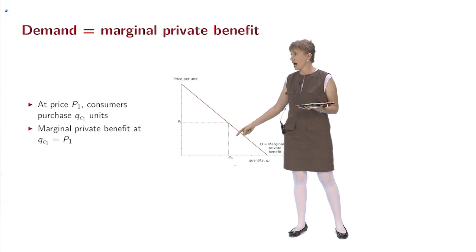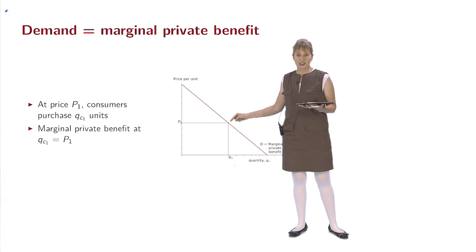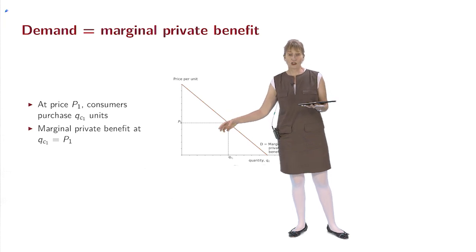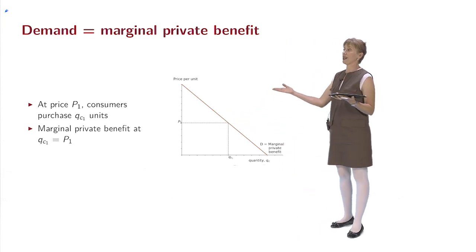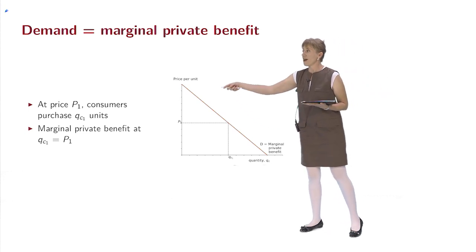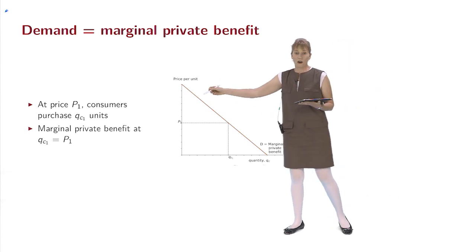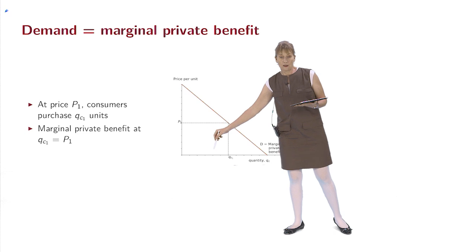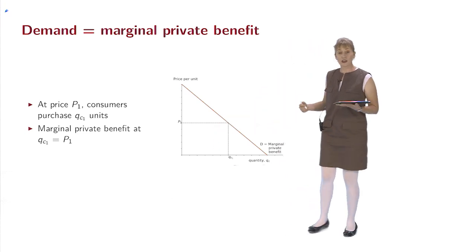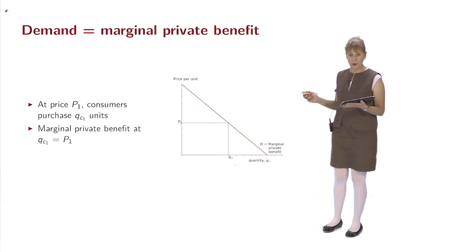So if we look here at a quantity of QC1, consumers receive a marginal private benefit of P1. Now, consumers value or have higher marginal private benefits for these fewer units of goods here, but our consumers only have to pay price P1 for all units consumed.